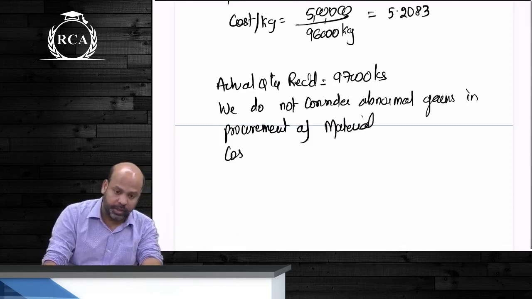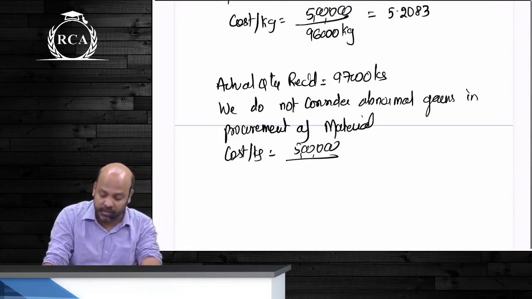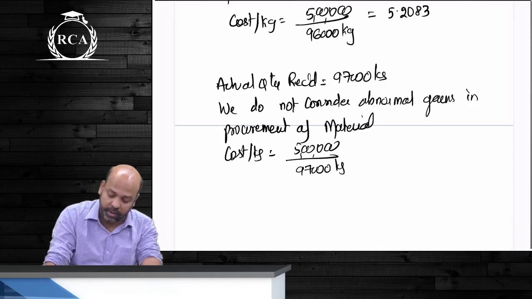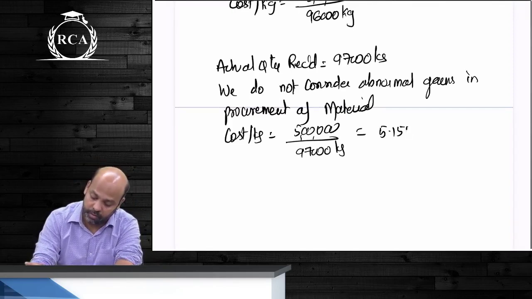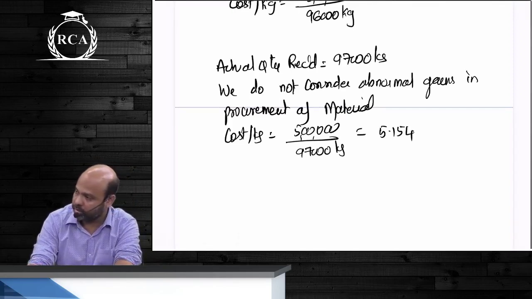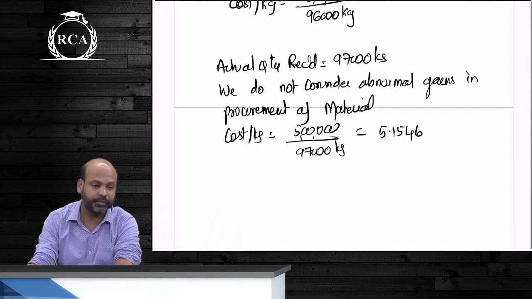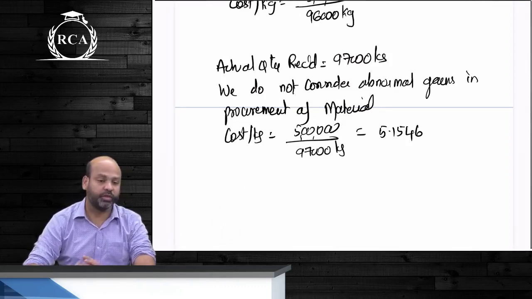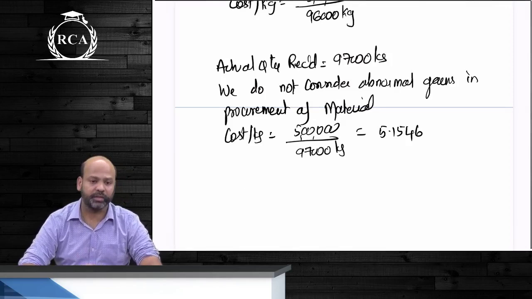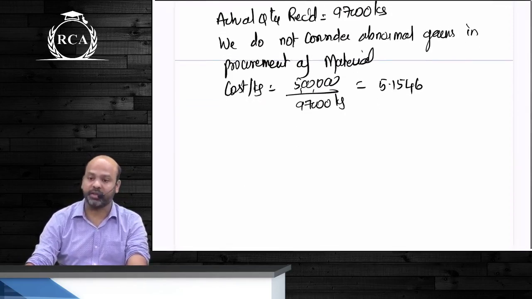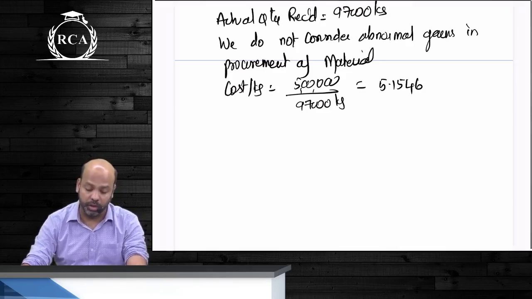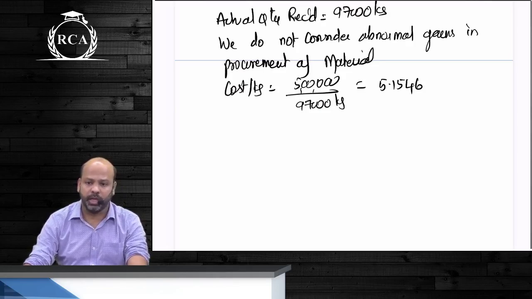So cost per kg will be 5 lakhs divided by 97,000 kgs, 5.1546. That will become the effective cost per kg. The actual quantity received is 97,000 kgs, and based on that, you write 5 lakhs divided by 97,000. Are we all clear about this? Backbenchers, done?